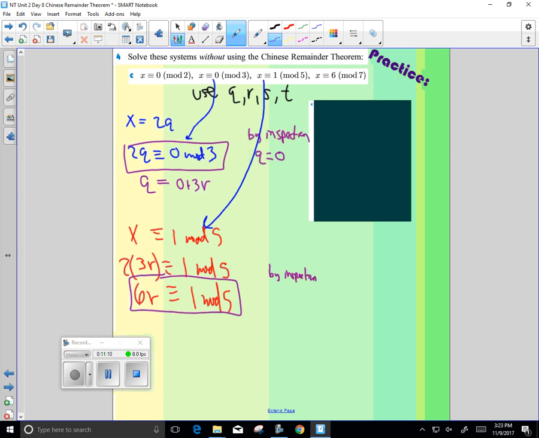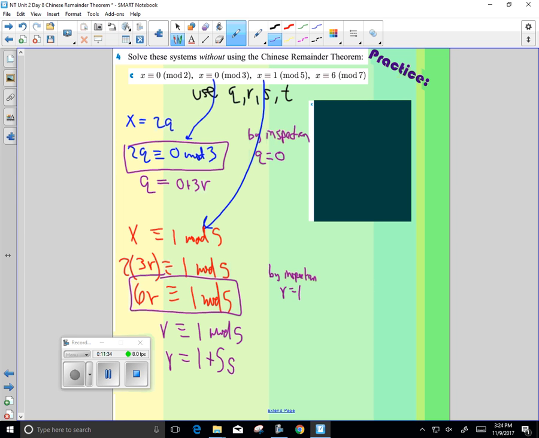And I think in order to get this, r is going to be equal to 1, because 6 minus 1 is 5. So then we'll get r is congruent to 1 mod 5. And so therefore you're going to get r equal to 1 plus 5.